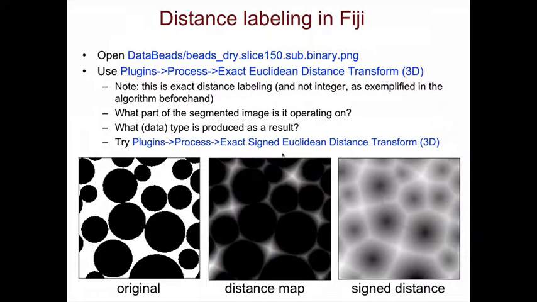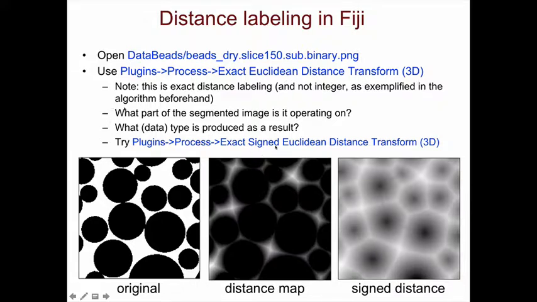So give yourself any image, you can start with that bead image, like just a single slice of beads or any other bead image you'd like. Let's just practice getting the distance map. To do that, there is plugin, process, exact Euclidean distance transform.